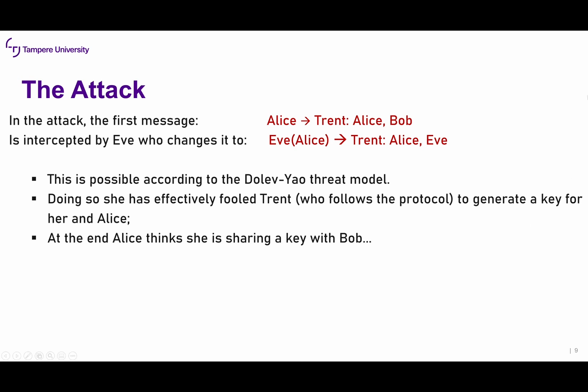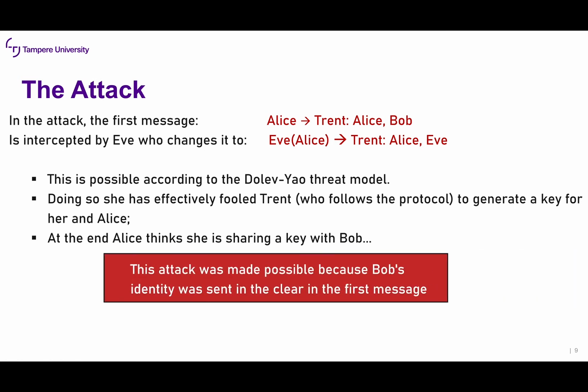At the end, Alice thinks that she is sharing a key with Bob, while in reality she's sharing the key with Eve. Now, this attack was made possible because Bob's identity was sent in clear in the first message, right? So imagine that if this was not in clear, maybe it would be a bit more difficult for Eve to do that attack.